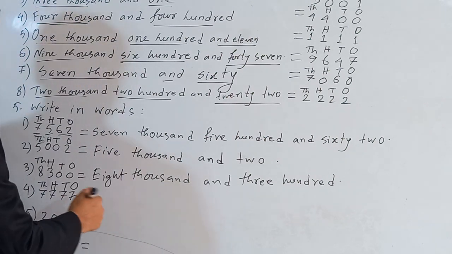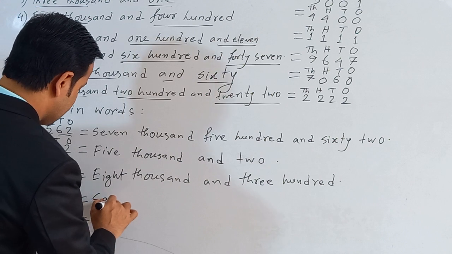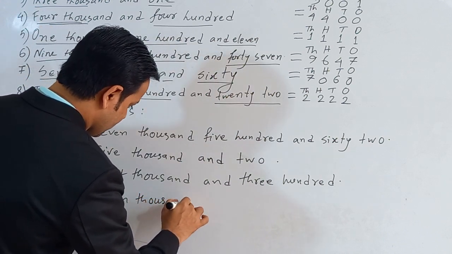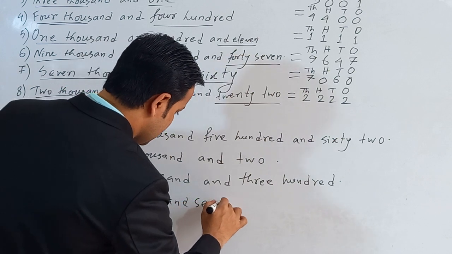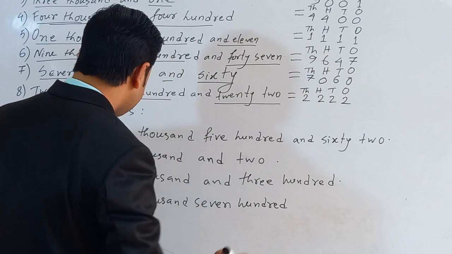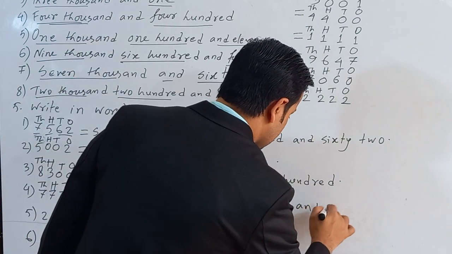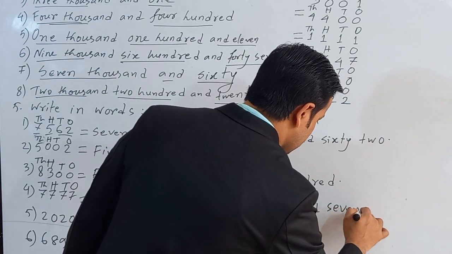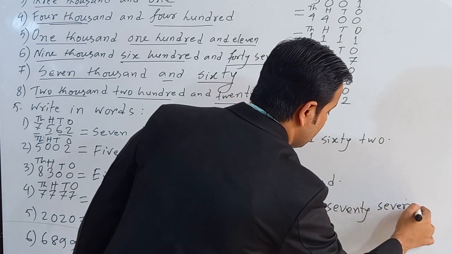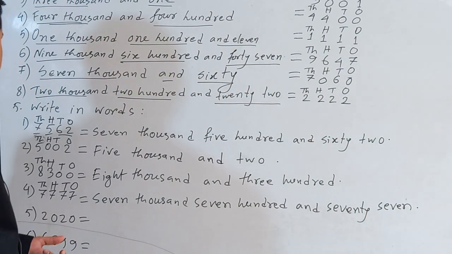So we can write here 7,777. So we have done question 4.